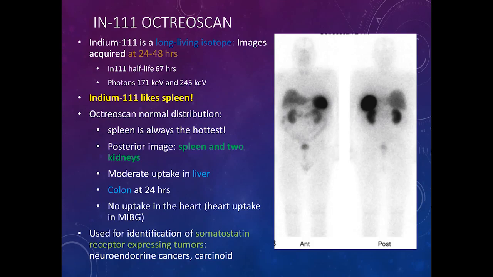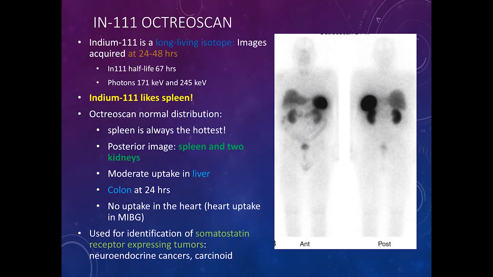OCTREOSCAN is based on imaging of expression of somatostatin receptor. This substance itself is very similar in its structure to octreotide, which is used for treatment of this kind of tumors, of carcinoids and other neuroendocrine cancers. And in this case, we are targeting somatostatin expressing tumors.